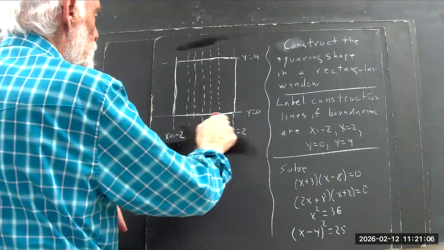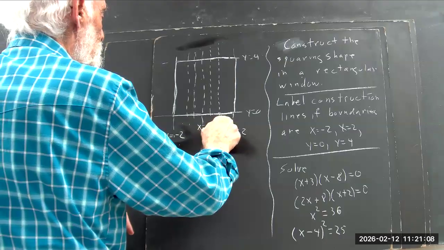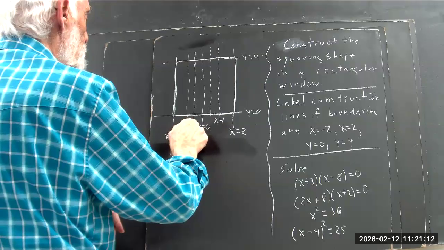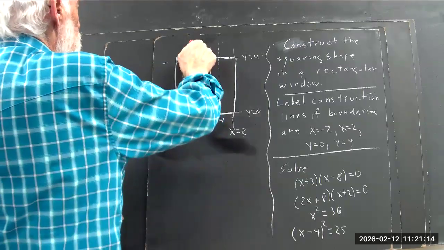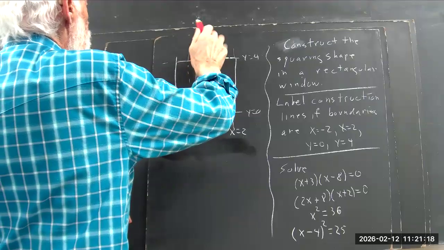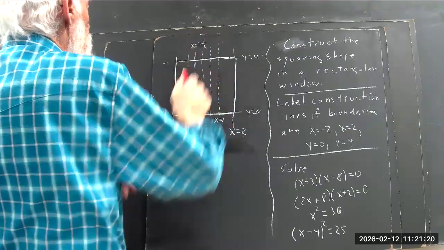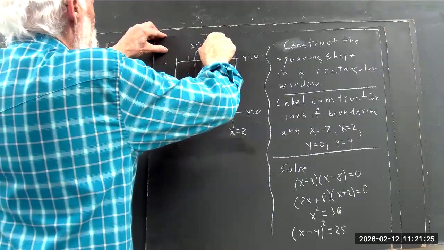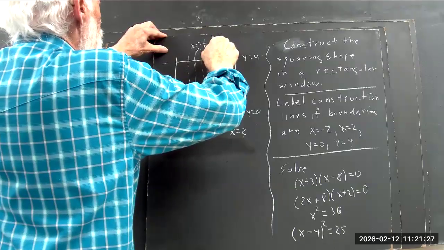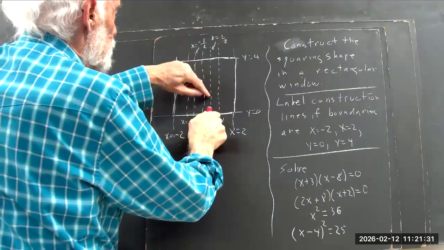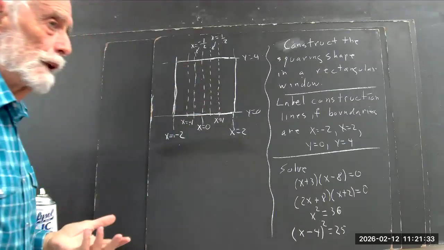Halfway between 0 and 2 is 1. Halfway between -2 and 0 is -1. Then halfway between -1 and 0 is -1/2. And halfway between 0 and 1 is +1/2. So those are my x values.